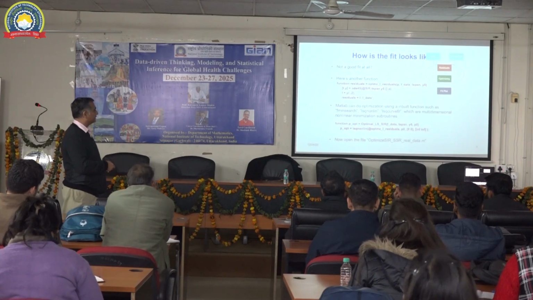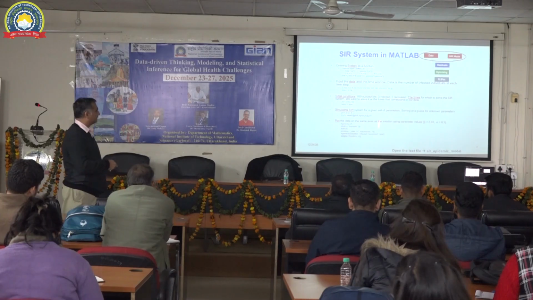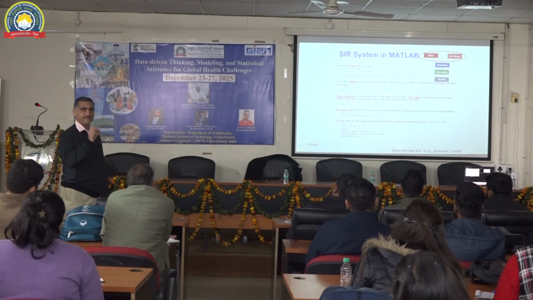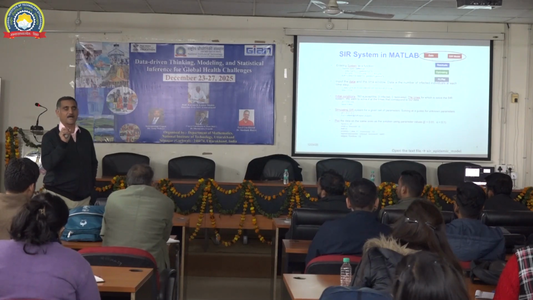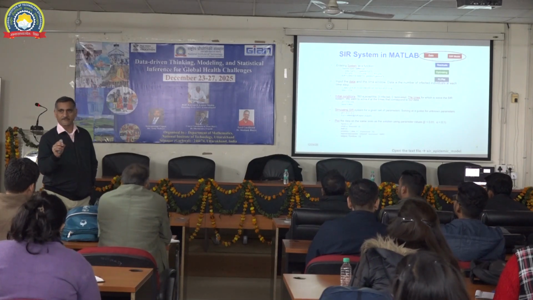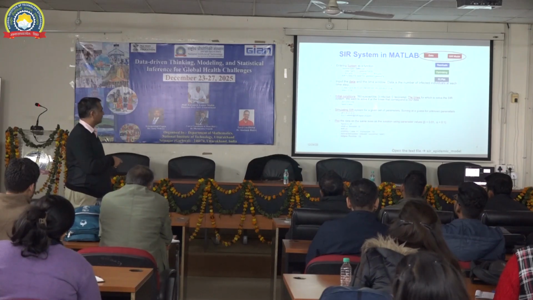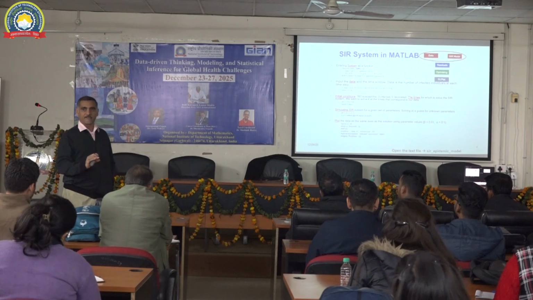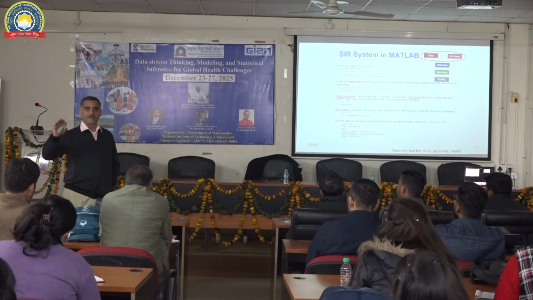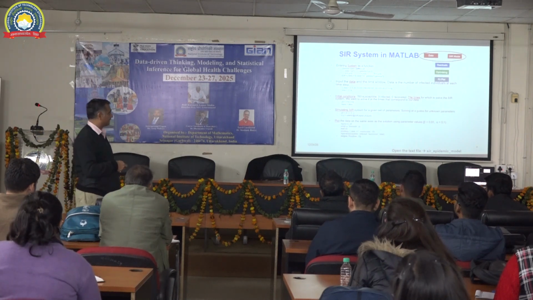So now, once this model is working with the one fixed beta and gamma, that beta and gamma we don't know yet, right? It is just an arbitrary value of beta and an arbitrary value of gamma. This whole thing can simulate. But now we want to know the exact beta and exact gamma that will actually capture the data set. I want the data set to be captured by that model.